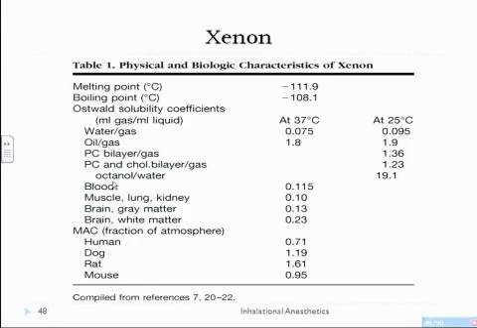Xenon is a noble gas that occurs in the natural environment. It's usually in very, very small concentrations and usually has no effects on humans as a consequence. But once you get it to enough concentration, it acts as a very good anesthetic.